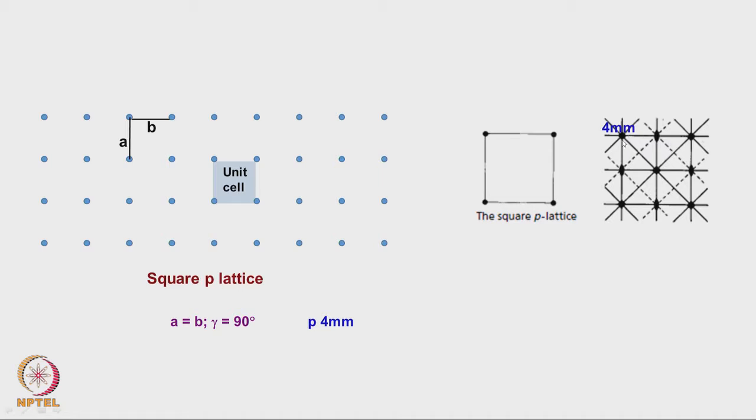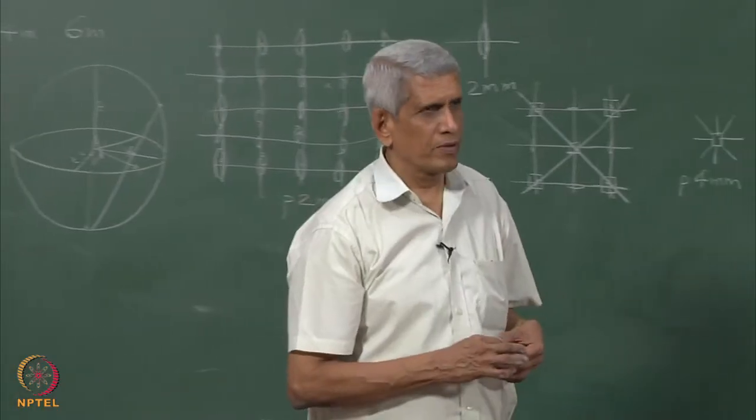Around any of these lattice points we have a 4 mm symmetry. Around this point we have 4 mm symmetry, correct? Then around this point 2 mm symmetry. Similarly, here 2 mm symmetry is there. Then there is a mirror, there is a glide, one fold symmetry. All these symmetries except for that one fold, some symmetry element or the other is present, okay.